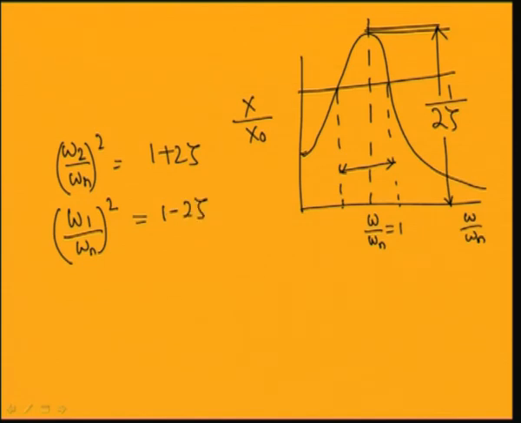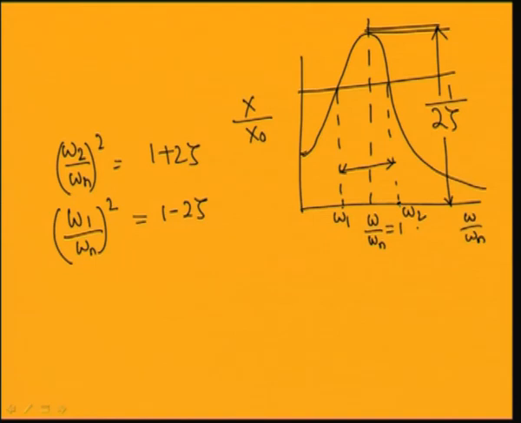So this point corresponds to omega 2, and this is omega 1. So omega 2 by omega n square equals 1 plus 2 zeta, and omega 1 by omega n square equals 1 minus 2 zeta.